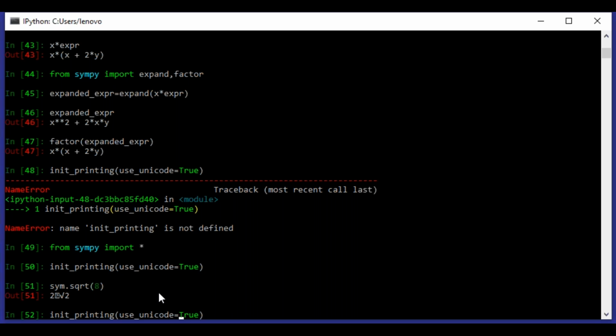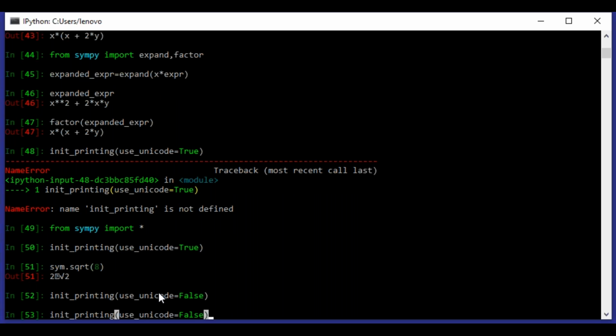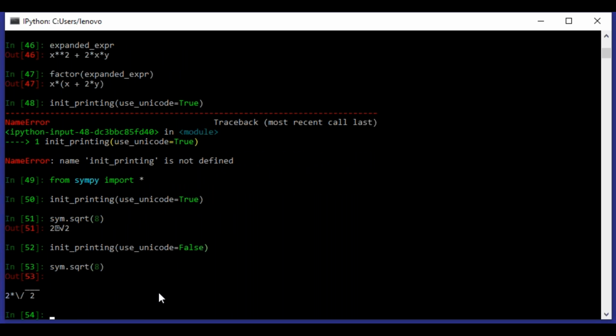I will try by making this false. Then once again, okay, with that we can see 2 into root 2. The Unicode is not working properly. Anyway, here in place of sqrt, it is showing the square root symbol.